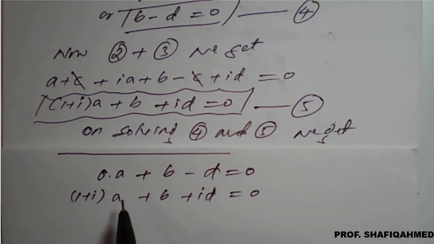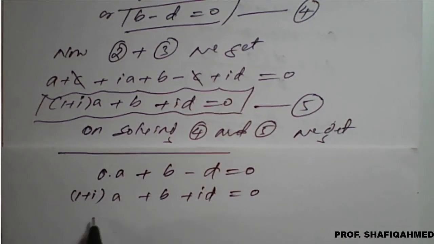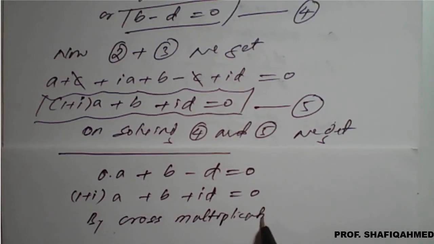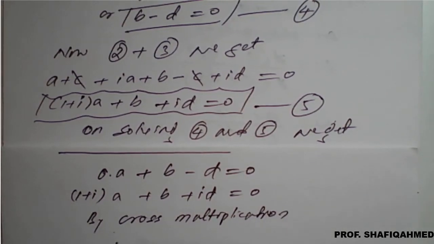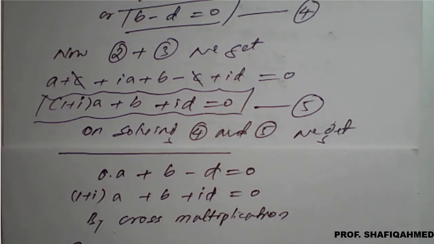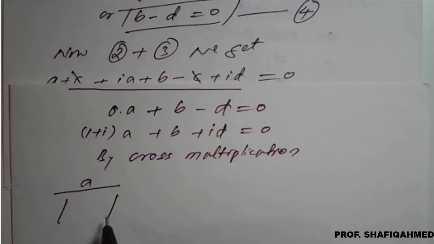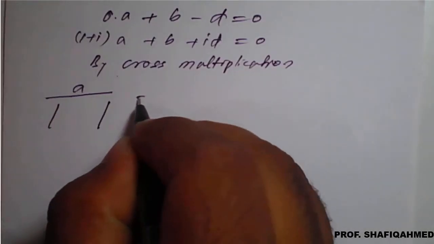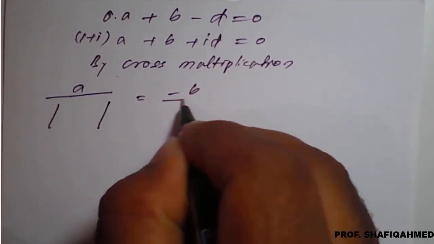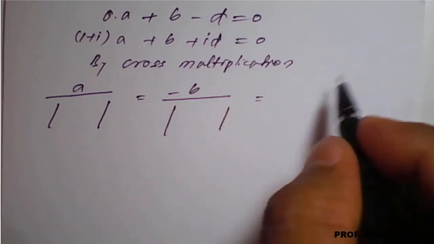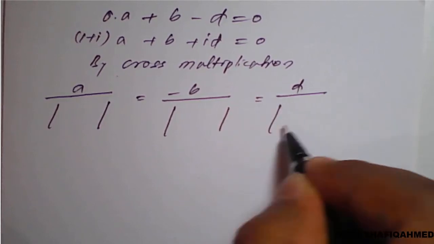So again I will go for the cross multiplication method. So a divided by determinant is equal to minus b divided by determinant, and we have the variable d, so d divided by determinant.